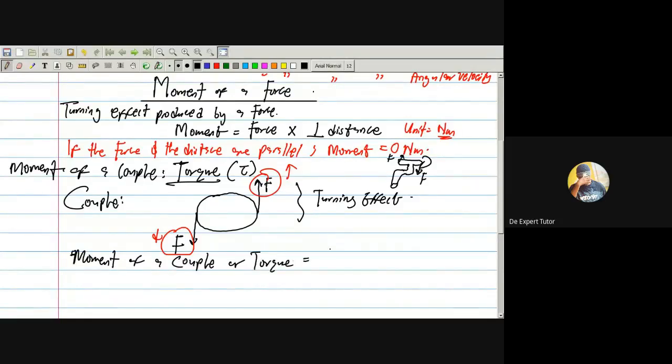So how do we calculate it? We take one of these forces and multiply by the distance between the two forces. If you observe, the force and the distance are perpendicular. Exactly. That's how we find moment. They must be perpendicular. So force times perpendicular distance. That's how we calculate torque. Good. So that's that for that.